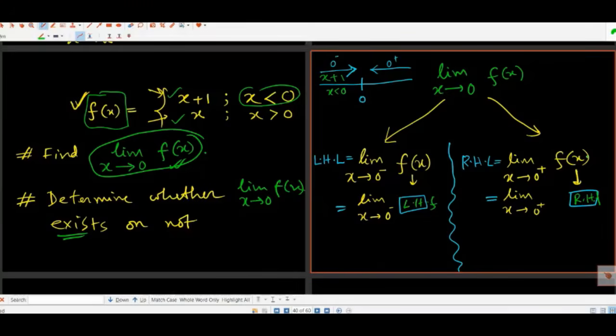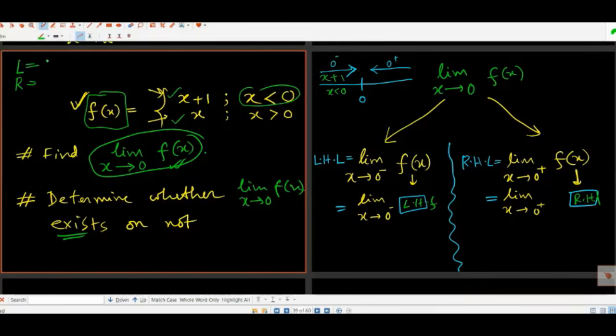Please try to understand. Otherwise, when we come to some advanced problem, it will be a difficult thing. So which function is the leftward function? Let's say we have a leftward function and a rightward function. Out of these 2 pieces, which one is the leftward function? x plus 1 or x? Sir, x plus 1. And which one is the rightward function? Sir, x.